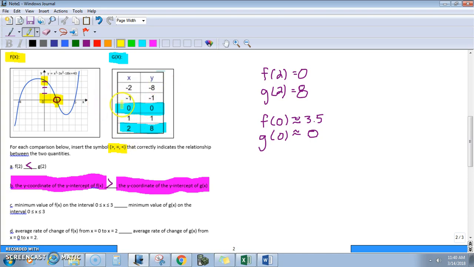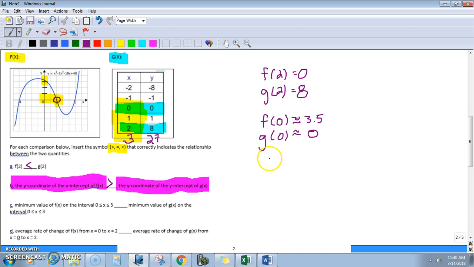Oh, so I don't have a 3 here. I know what 3 is going to be. I can finish this table. Why don't we just put that in? If 3 was there, it would be 3 times 3 is 9 times 3 is 27. So this is going to be 27.